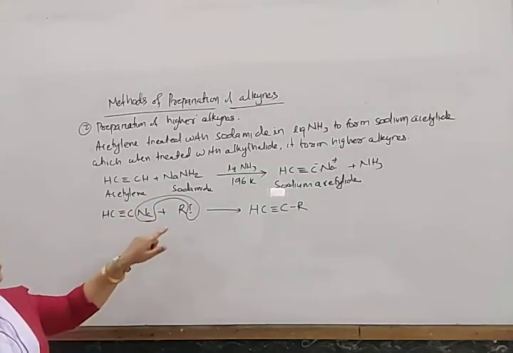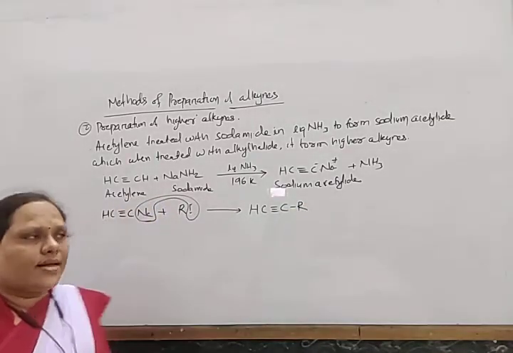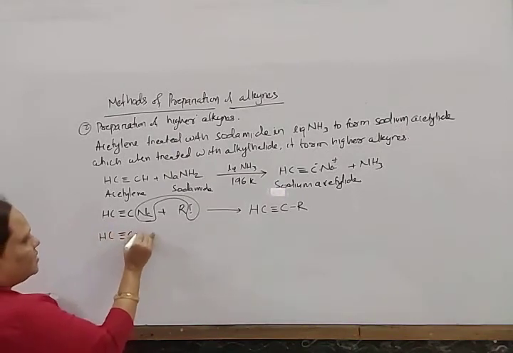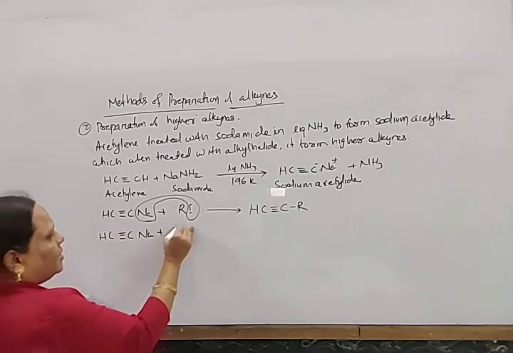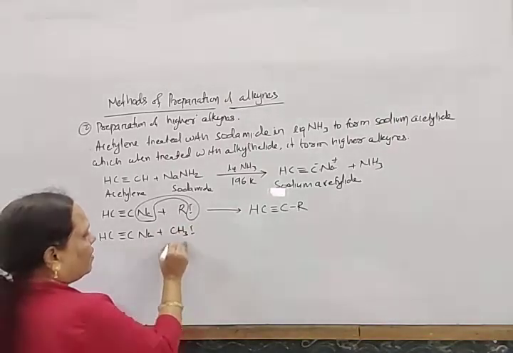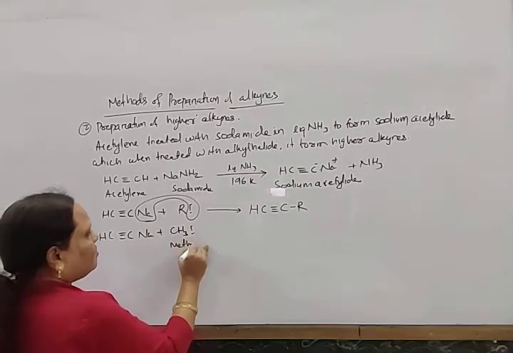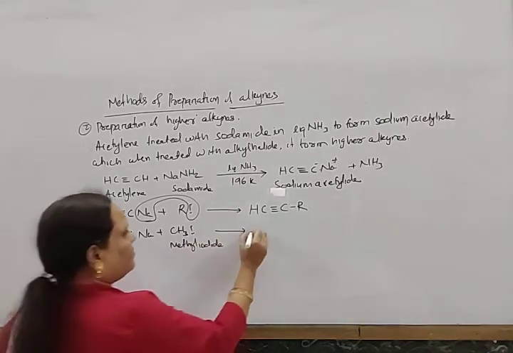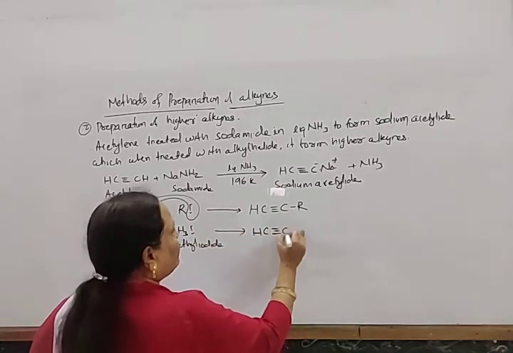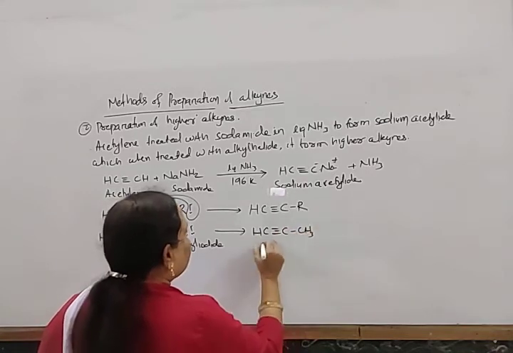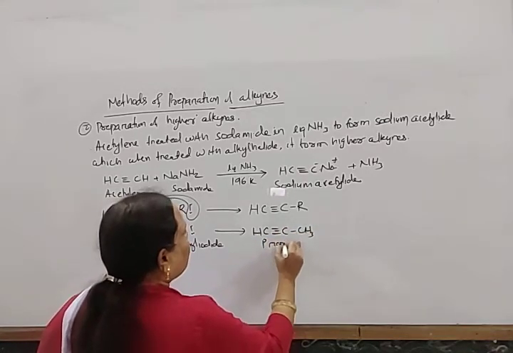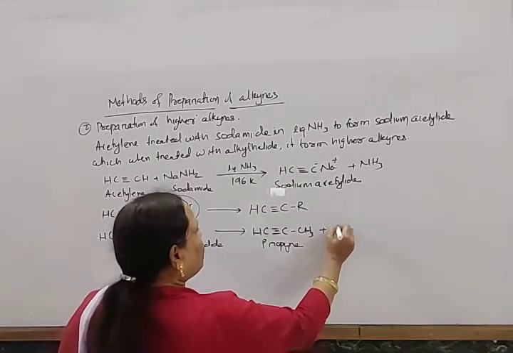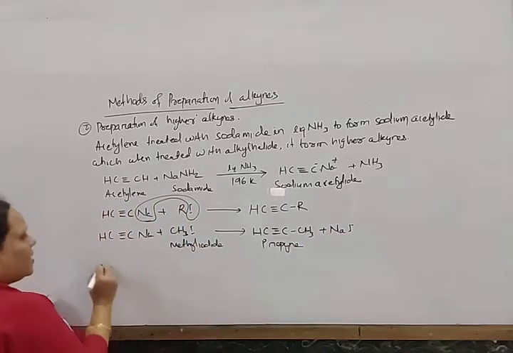What type of alkyl do we take here? Look here, HC triple bond C Na treated with methyl iodide gives HC triple bond C CH3, that is propyne, plus NaI.